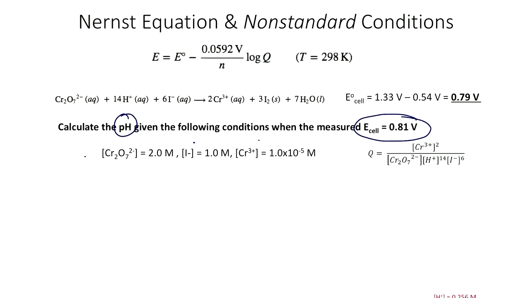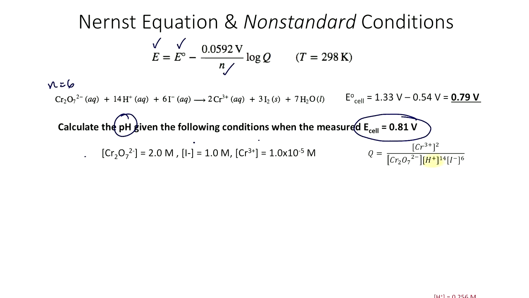So we're still using the Nernst equation, we're just solving for something else. Because in this example, this time I give you what the measured cell potential is. We still know what the cell potential is at standard conditions. We already know what N is, N is 6. It's the same reaction. This time we're solving for Q. And if we remember what Q is, Q has H plus concentration in it already.